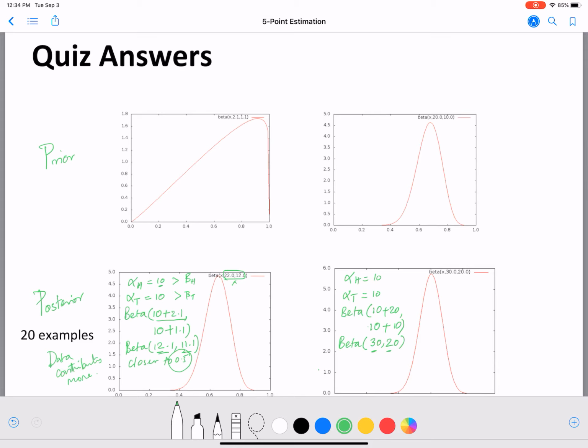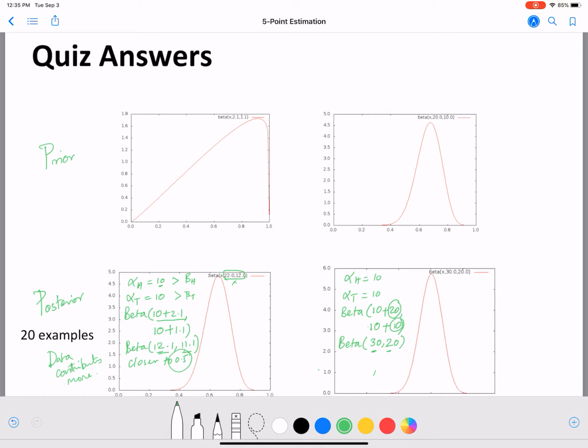And since the value is higher, the curve also becomes narrower. So the curve becomes narrower, but still the contribution of the prior, which is coming from these values, is pretty high. It's actually greater than alpha h value in one case, and it's equal to alpha t value in the other parameter value.